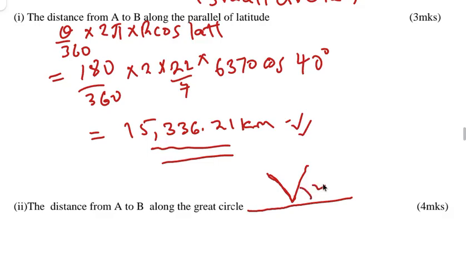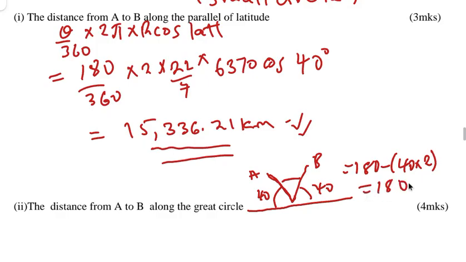So here it is 40 degrees going up one way, and the other also going up by 40 degrees. So what will remain is 180 minus 40 times 2, which is 180 minus 80, which is equal to 100. This is now your difference, 100.